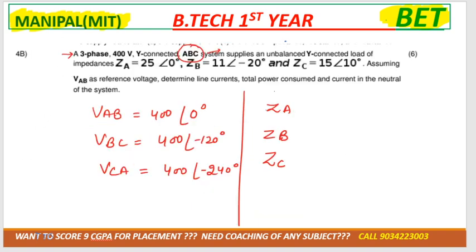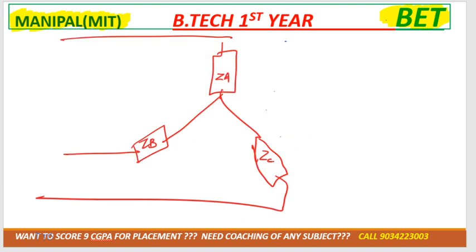See, this is the question of star unbalanced, and star unbalanced works in a slightly different way. VAB, VBC, VCA will be there. ZA, ZB, ZC they have given. But for star unbalanced we have to calculate according to the mesh analysis.